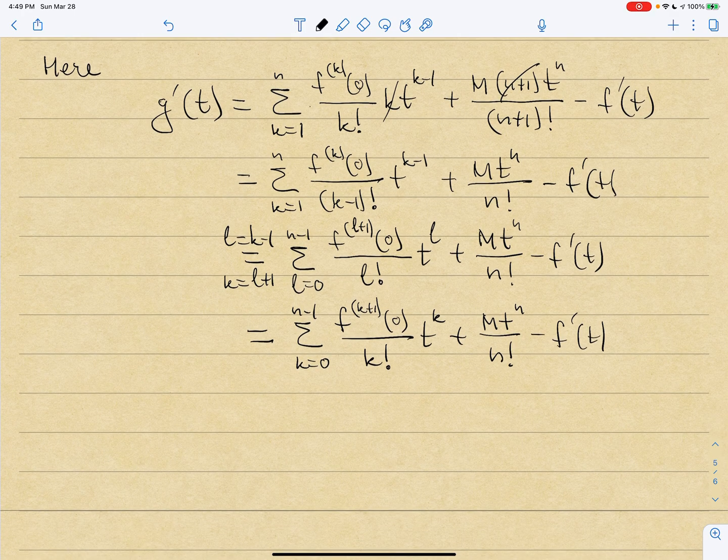Okay, so I already know that g prime of x1 is equal to 0.